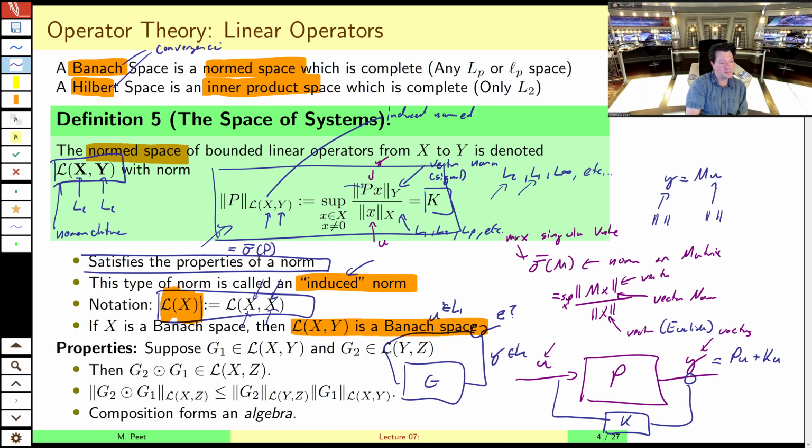well, we need a little bit more. Unlike signals, systems can be multiplied together. And it's obvious, right? If you're doing your block diagram, you have U and P, and then you have G, the output of P goes to G, and that produces Z. So there's an obvious concatenation or composition of systems where Z equals G P U. So we can compose two systems together in series by taking the output from one and putting it into the other.